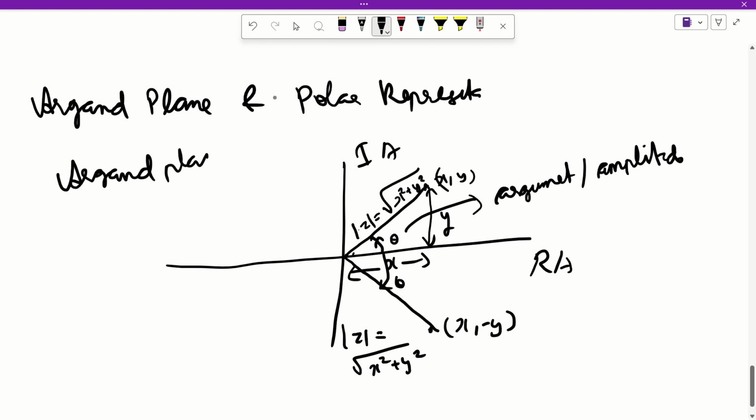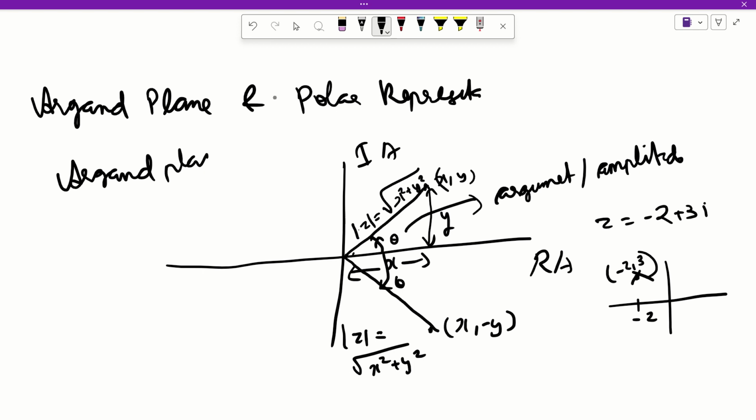Suppose you want to mark z is equal to minus 2 plus 3i on the Argand plane, it will be like this. Minus 2 will be here, 3 will be here. So this will be the point minus 2 comma 3.